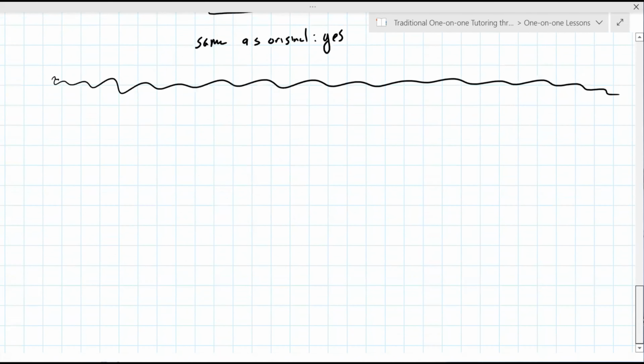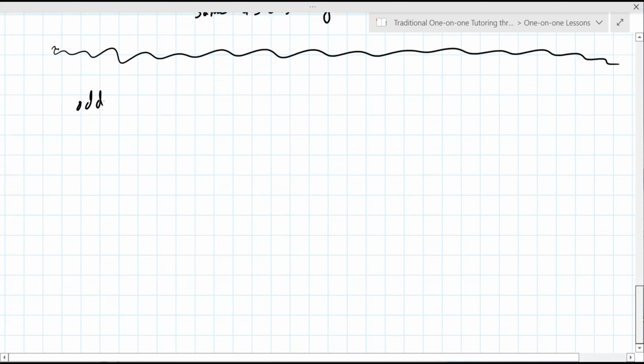Okay, so this one is odd. f of x equals x minus 3x cubed plus 5x to the fifth. And it's the same approach. I'm telling you this is odd, but you wouldn't know that in advance. But you try this f of minus x.